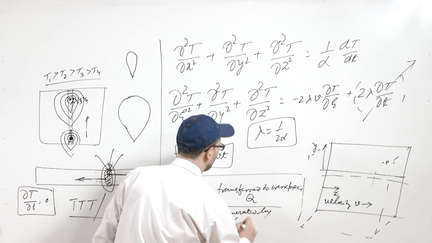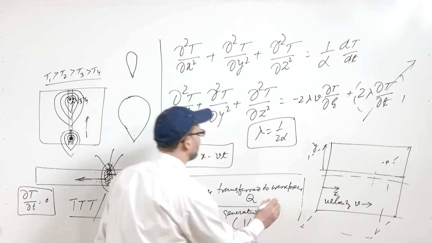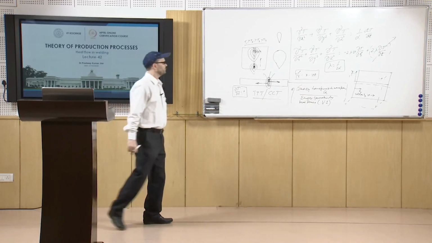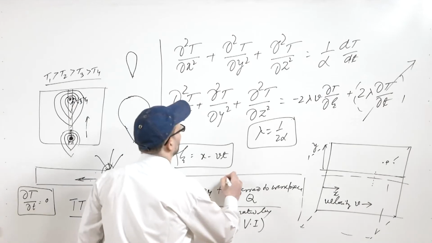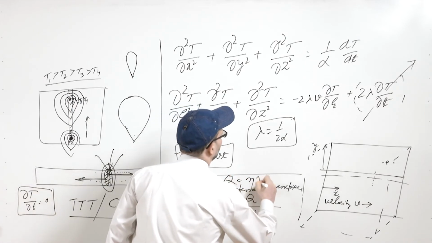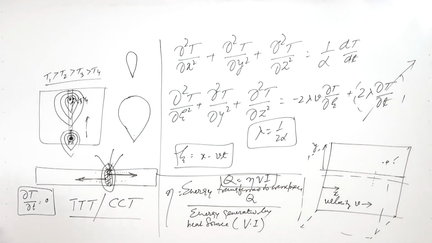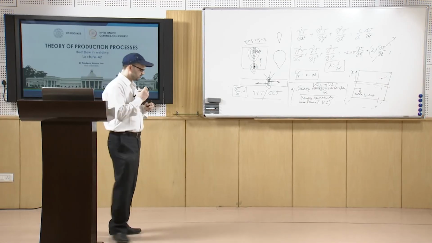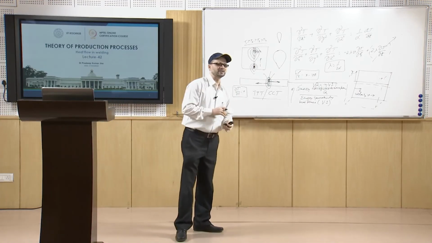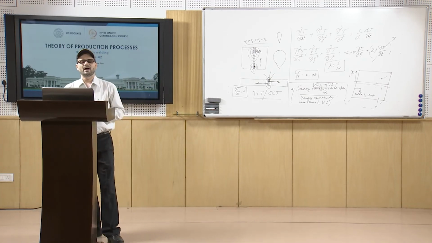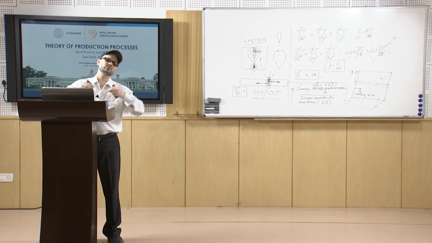So, if it is V into I, in that case the energy transferred to the workpiece Q may be taken as equal to eta V I. That is what we mean to say, that Q can be found by eta times V into I. If you use electricity as the source of energy, then V into I multiplied by eta, that is voltage and current, is used.